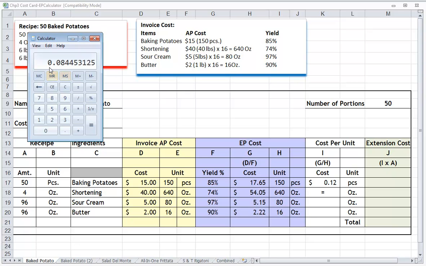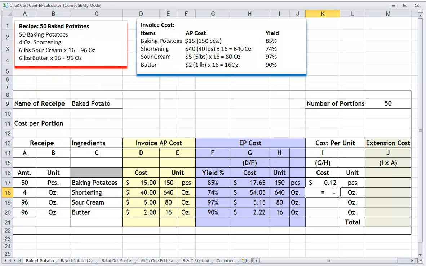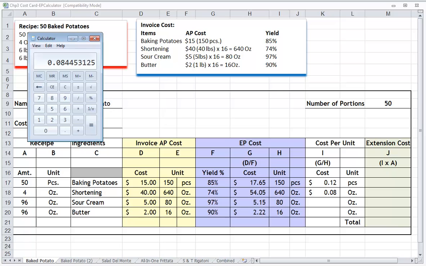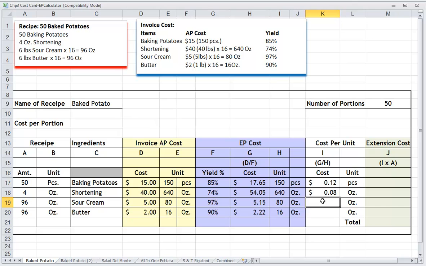Each ounce of shortening is going to be about 8 cents. Our next item is the sour cream, and we paid $5.15, and we're going to divide that by 80 ounces. And each ounce is about 6 cents.